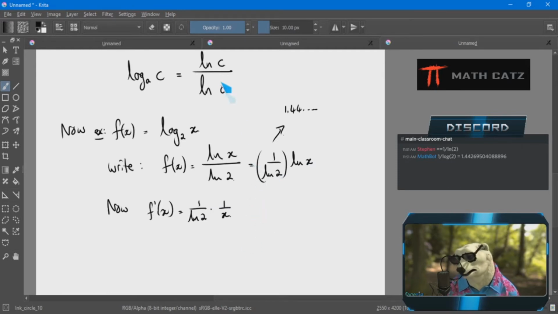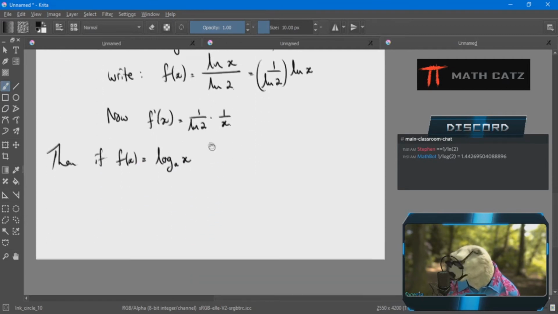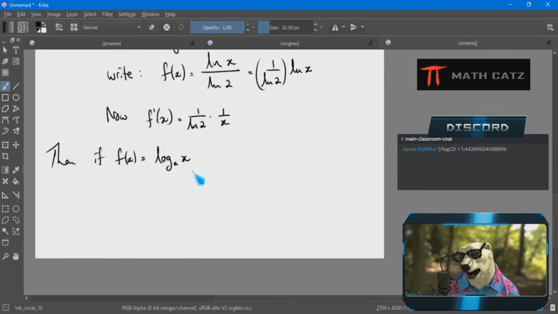So it's really quite simple, but I needed this change of base property. So then in general, if my function is log base a of x, not necessarily a 2, I personally don't memorize this.